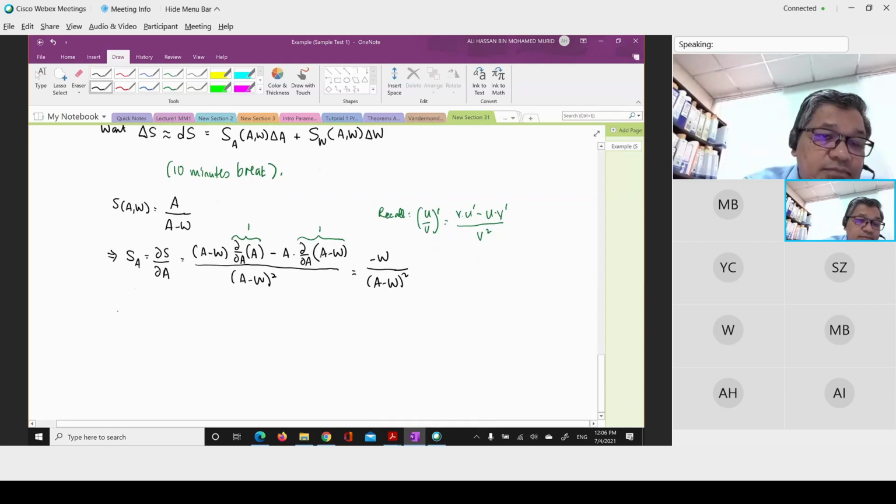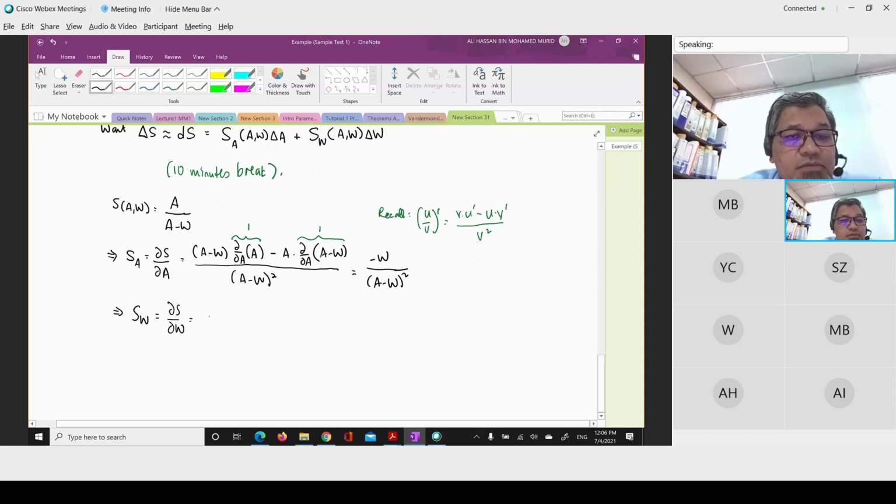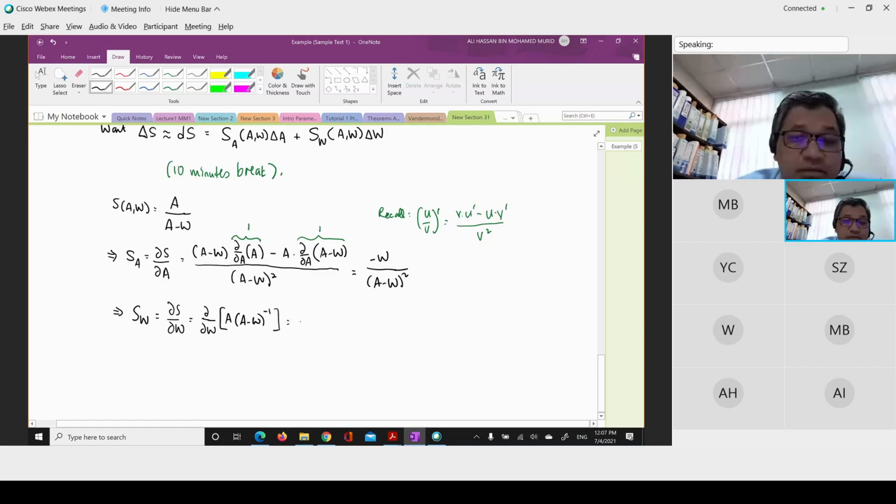What about S partial W? So now we want to think of A as a constant. You can think of S written in the form of A times A minus W to the power of minus 1, right? And A is treated as constant, so I can pull it outside.